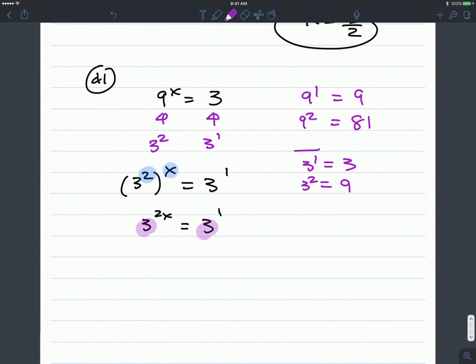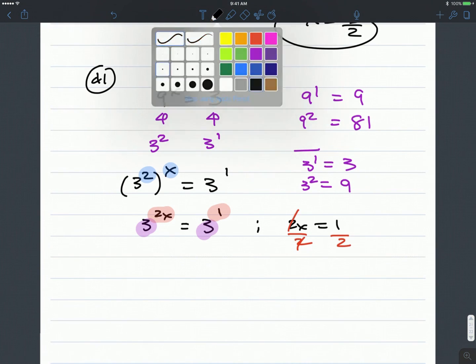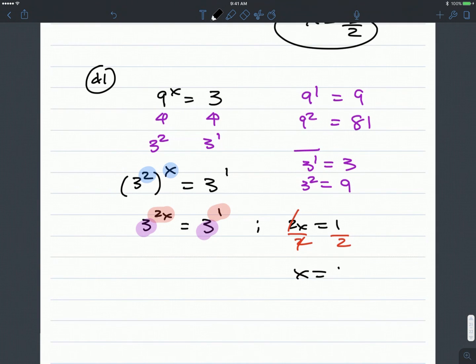Same base. What does that mean about the powers? 2x equals 1, absolutely. So we write this down. 2x equals 1. Divide both sides by 2. What do you get for x? X is 1/2.